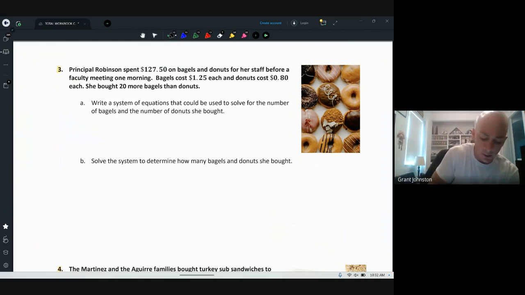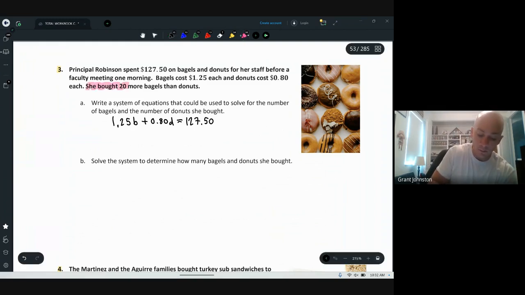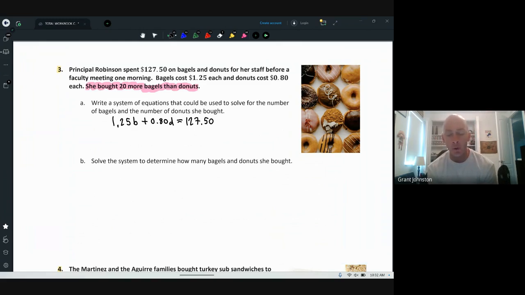So it's $1.25 times your number of bagels plus the 80 cents times your number of donuts equals the total cost that it cost Principal Robinson, which was $127.50. Now, the second equation is based off of this statement. She bought 20 more bagels than donuts. So that means the bagels would have to equal the donuts plus 20.